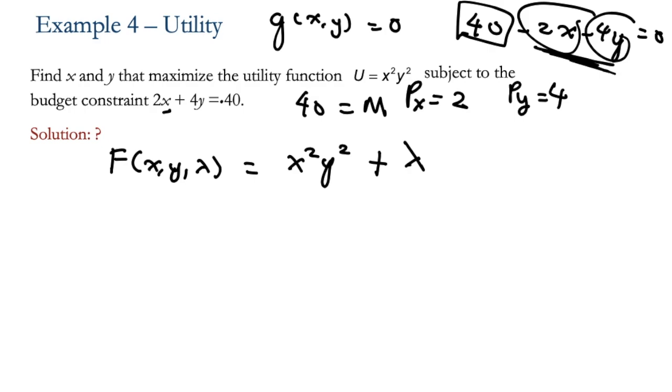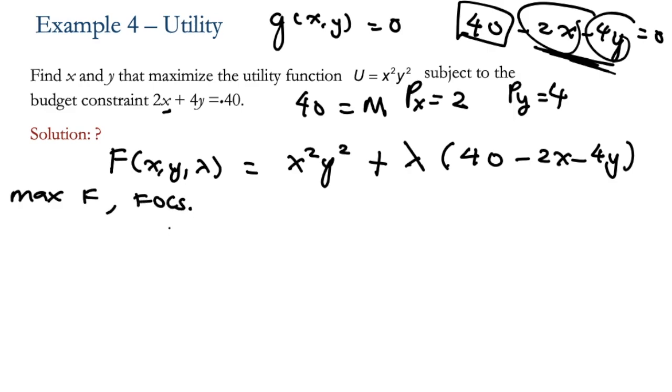So now we have lambda, and then in brackets 40 minus 2x minus 4y. And then we do maximization, maximizing f. First order condition. So how many first order conditions do we have? We have x, we have y, we have lambda.